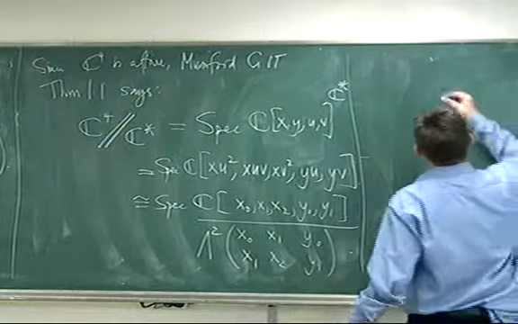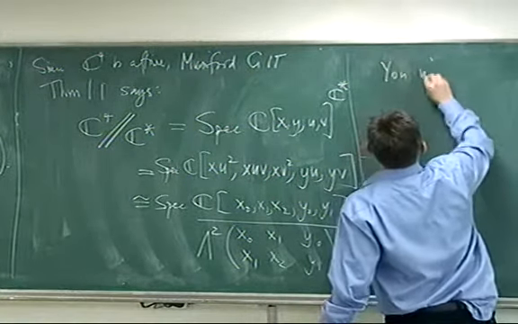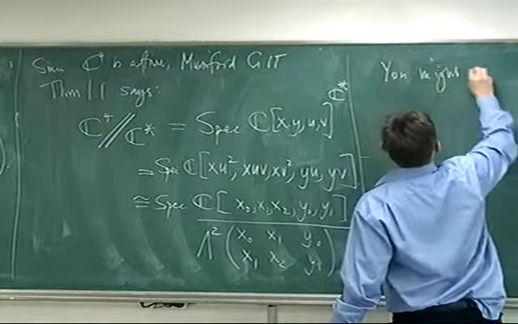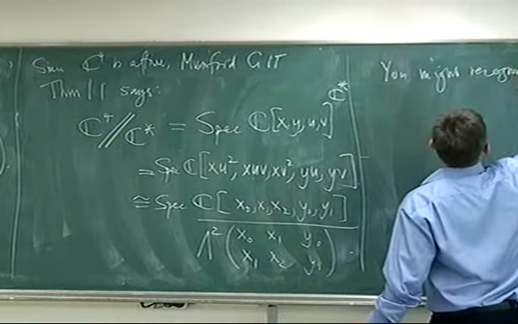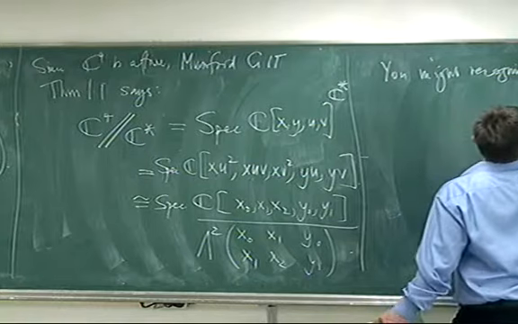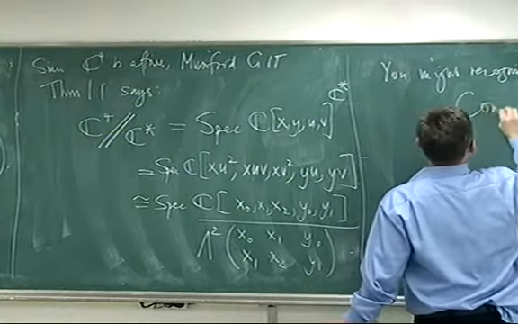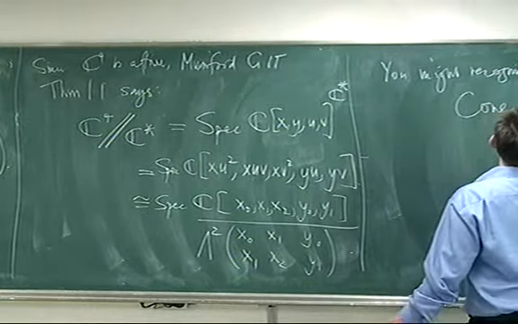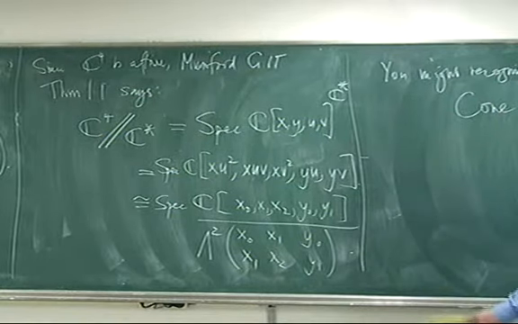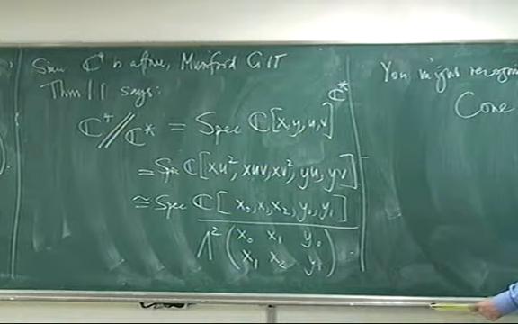If you do, then you might recognize this as the cone on the surface F1, and it's a linear embedding inside P4.